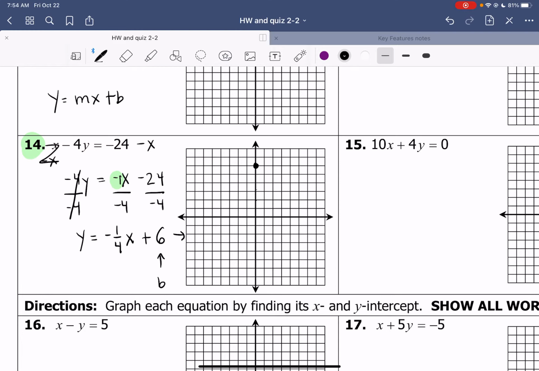And then our slope is negative 1 over 4. Remembering that when we're using a graph, we want to think of it in rise over run. So we have a rise of negative 1 over a run of 4. So from my y-intercept, I can either go up 1 and left 4, 1, 2, 3, 4, and place a point there.